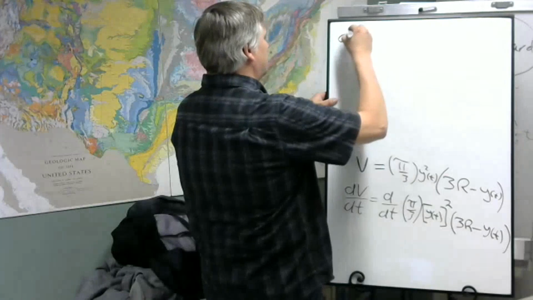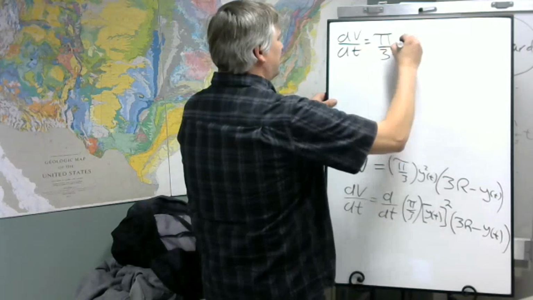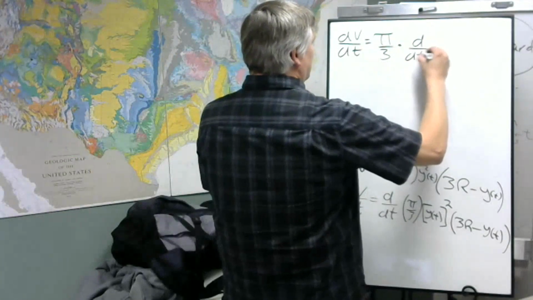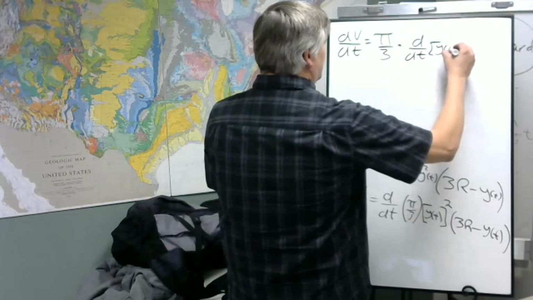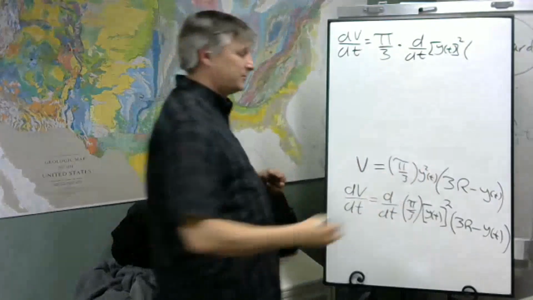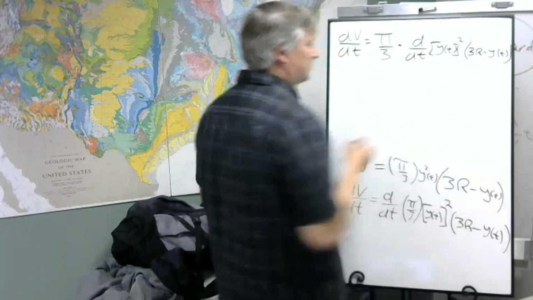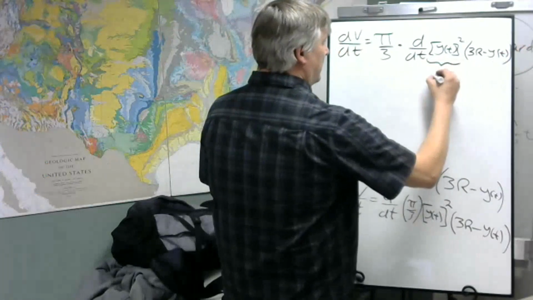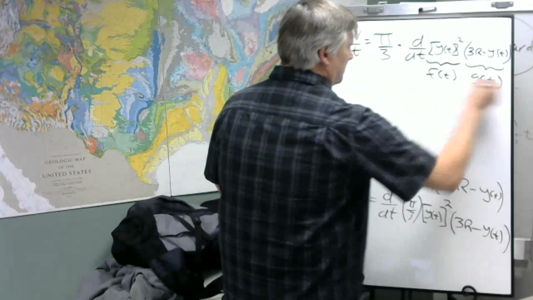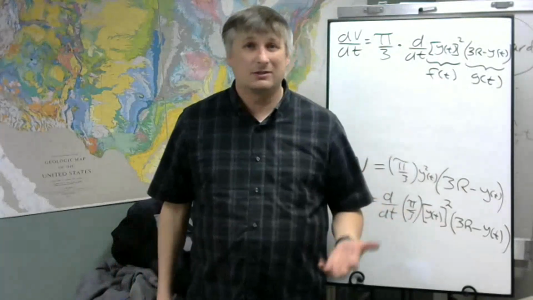So dV/dt is pi over 3 times, and we're going to get not only a chain rule situation, but a product rule situation. This could be our f of t, and this could be our g of t. So you have a product of f of t and g of t, which means product rule.